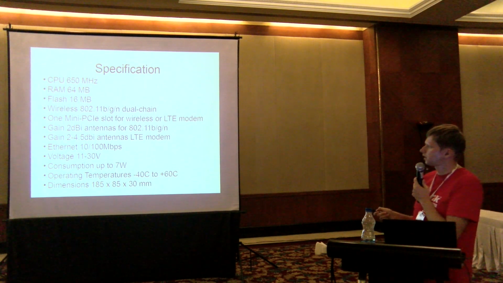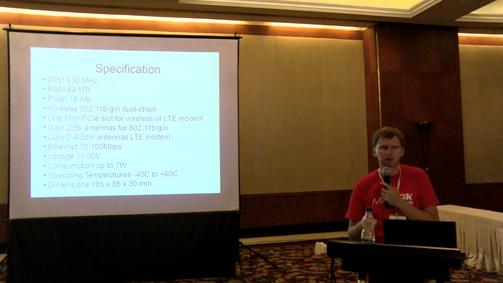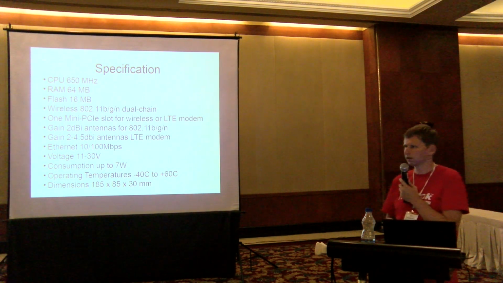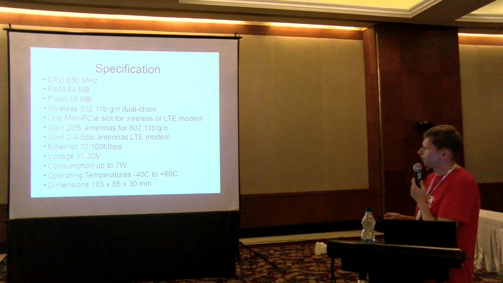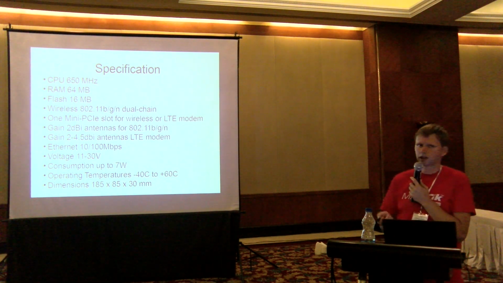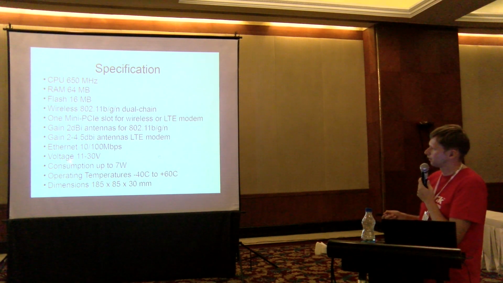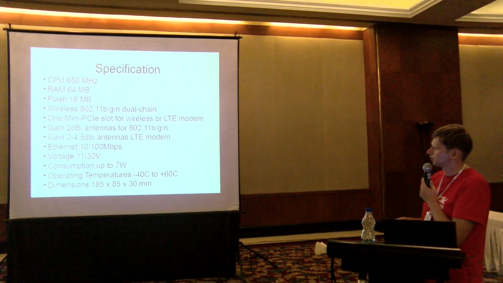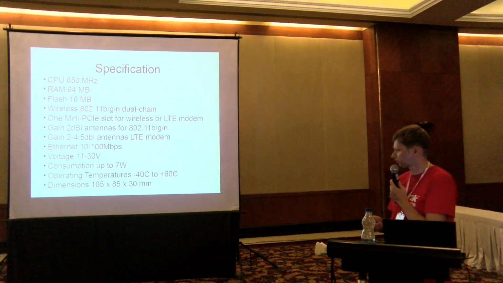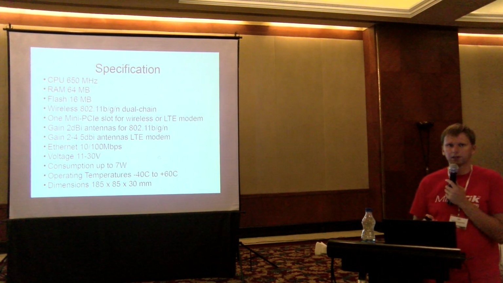The gain varies from 2 dBi to 4.4 dBi, depending on the frequency range, whether it's the lower end or higher frequency range. The voltage is not up to 57 volts like for the regular WAP. It's only 11 to 30 volts. And power consumption is only up to 7 watts. So there are a few differences.